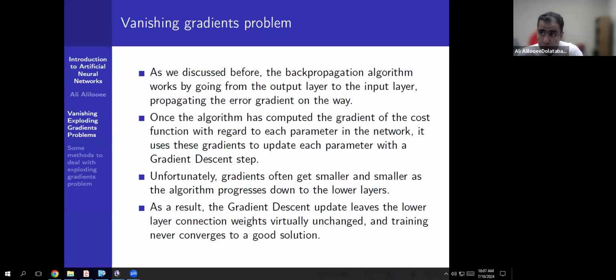And if your parameter won't be updated, your algorithm won't converge. It means your algorithm won't give you a good solution. So this issue is called the vanishing gradient problem. The vanishing gradient problem means that the weights won't be updated because the gradient of the loss function with respect to that weight won't change. And if it will not change, your parameter won't be updated.